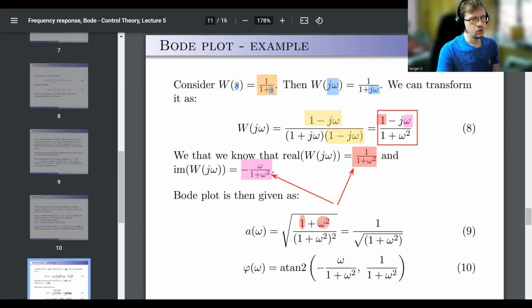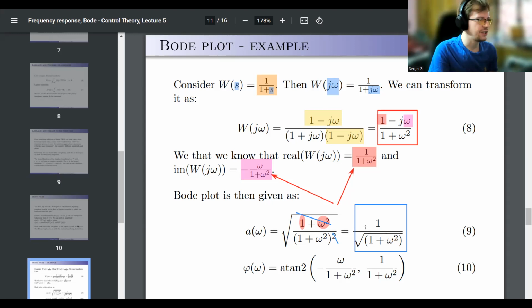When we expand, we can see the denominator and the numerator contain the same value, so we can get rid of this thing and this thing, and we obtain our final solution here. This is the amplitude plot. But remember, we would have to take the logarithm of this guy, multiplied by 20.